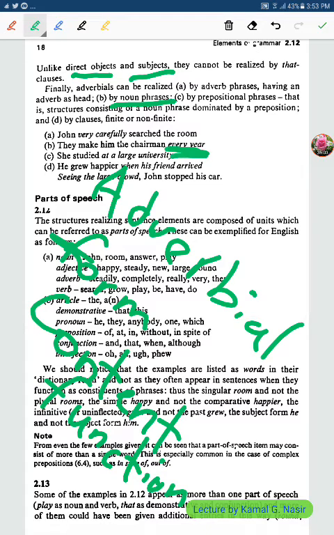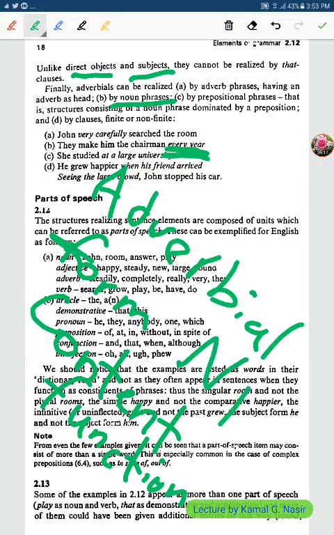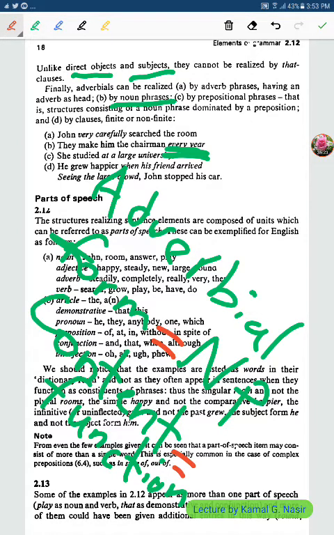Year is a noun. Every year is a noun phrase. So as a form it is a noun phrase, but as a function it is an adverbial phrase. Clear?